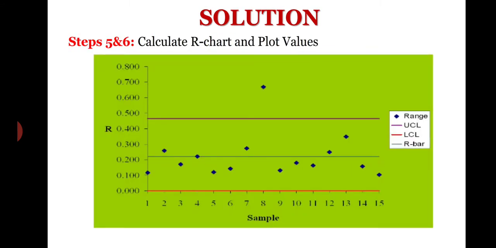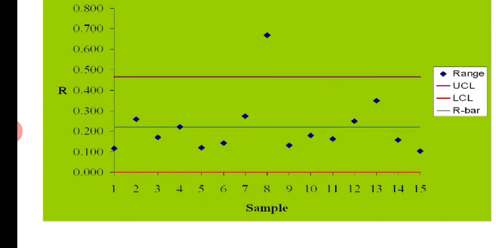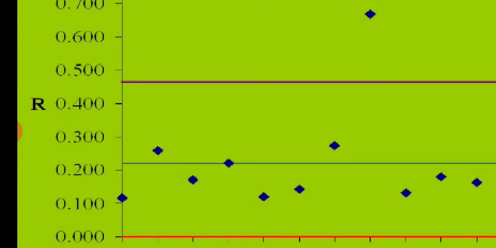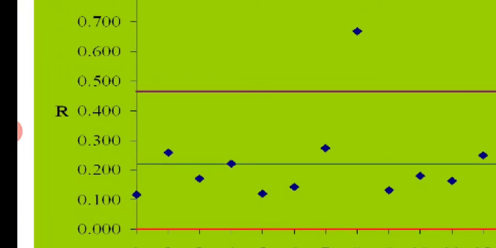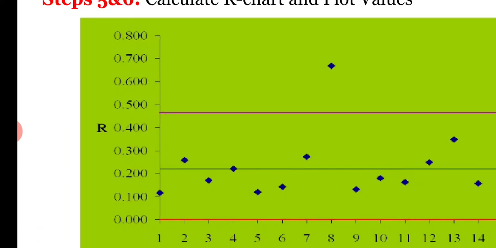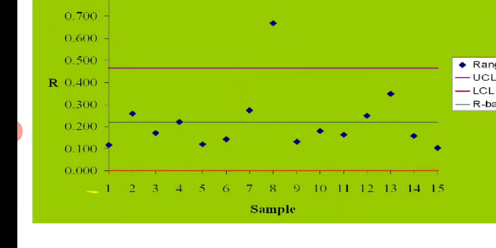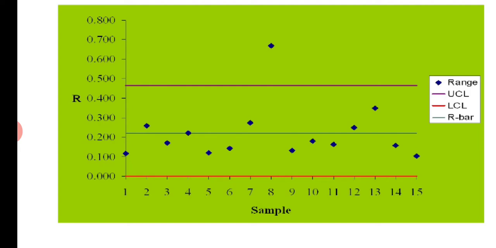Coming to the R chart, your D3 value is 0, so definitely your lower control limit is 0 itself. Your R bar value was 0.22, so you can see the 0.22 green line over here, and your UCL for the R chart is more than 0.45. We are plotting the R value for each of the 15 samples, and you can see that for the 8th sample, your range is out of control.